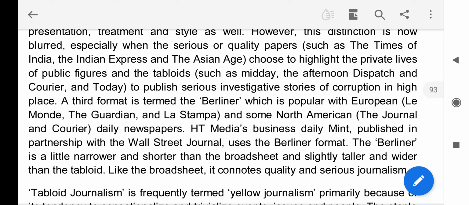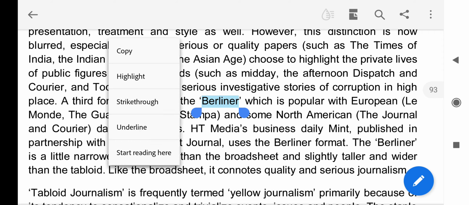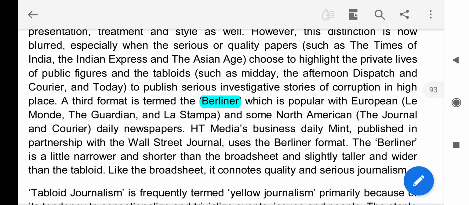There is another format known as Berliner, which is popular with European and some North American daily newspapers. These are newspapers like Le Monde, The Guardian and La Stampa, and North American papers like The Journal and Courier.